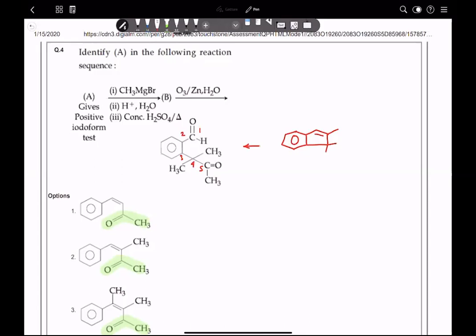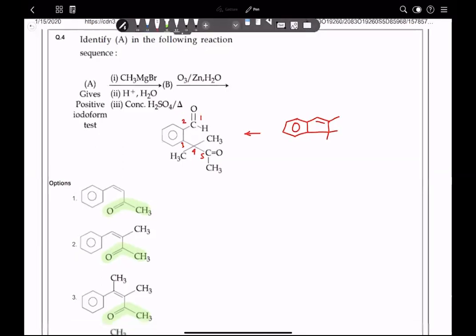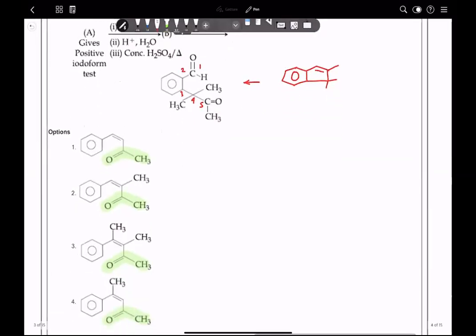Okay. So now if you see the number of carbons over here, we need to check with the number of carbons, then you can easily predict. We need 1 carbon over here, 2 carbons over here.